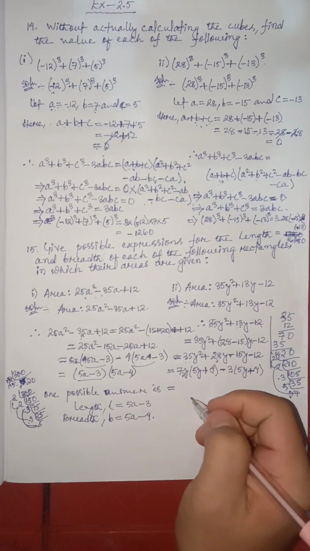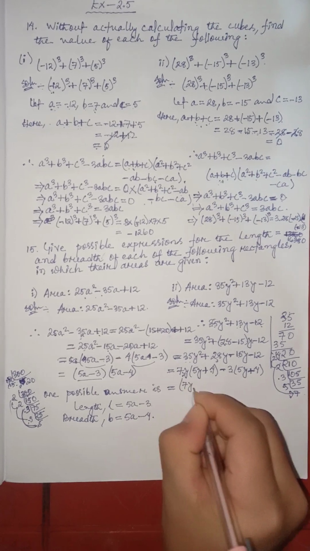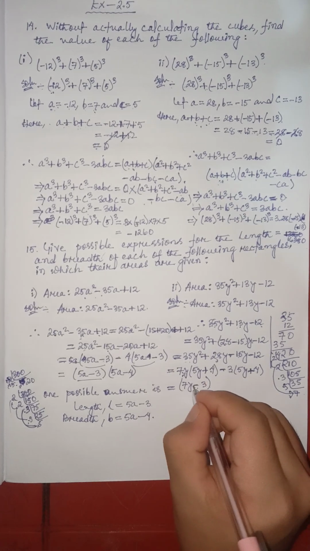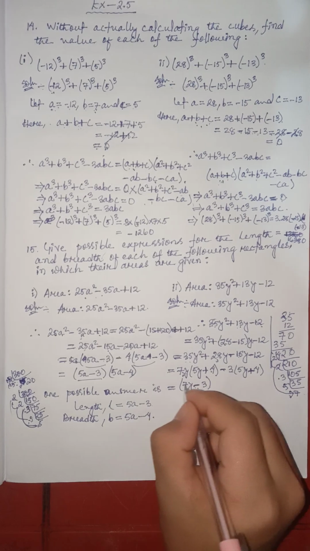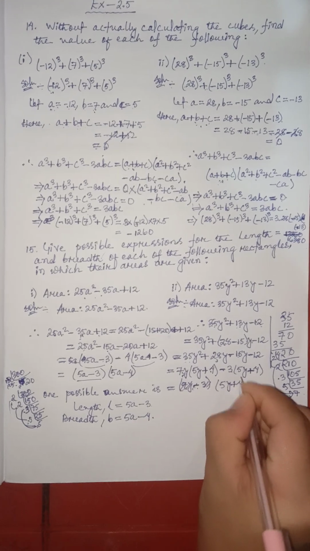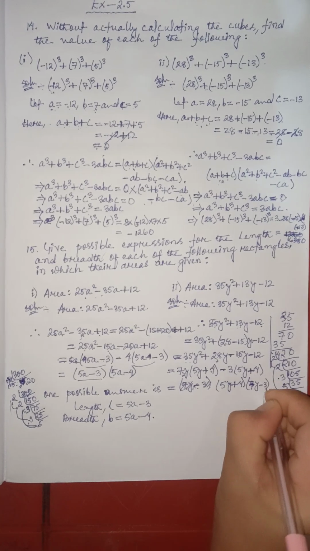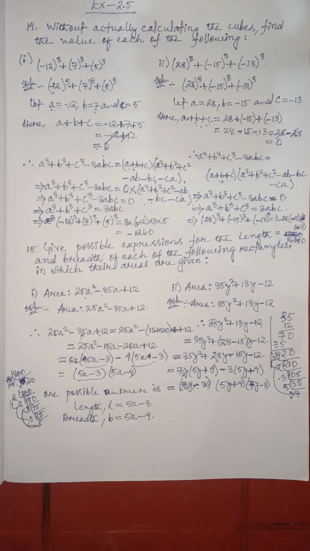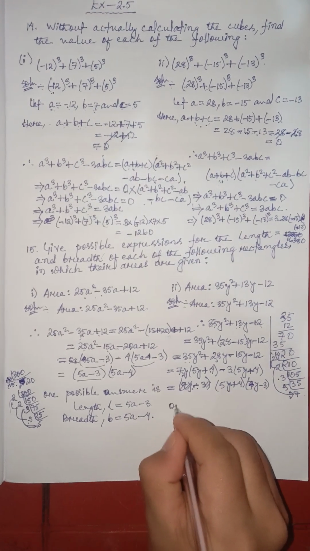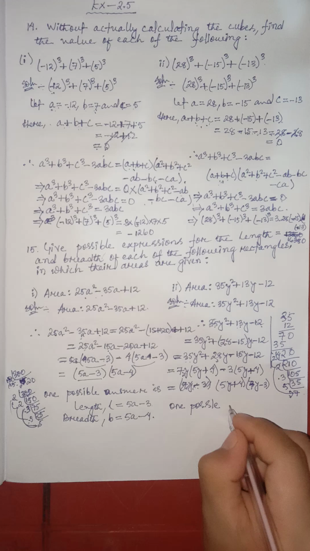Then even here we have to take 7y. How much is it? Sorry, it should be 5y plus 4, and after that it is 7y minus 3. Clear? What is the question? The question is to find a possible length.